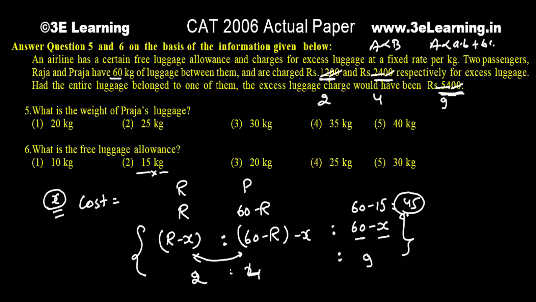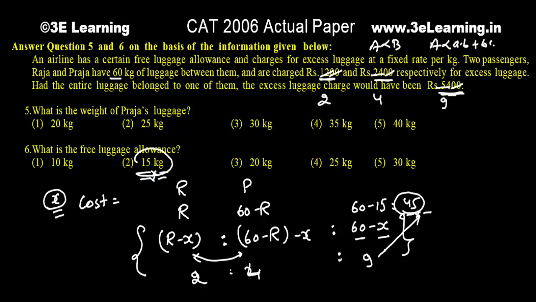Now check, am I clear or not? If 9 is 45, how do I use the options? 60 minus 10 is 50, not divisible; 60 minus 20 is 40, not divisible; 60 minus 25 is 35, not divisible; and 30 is not divisible. These could be options, I am not denying that, but I am just checking my luck. Is it 15 kg or not?